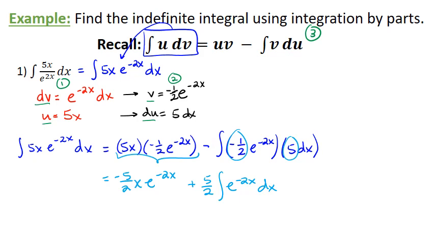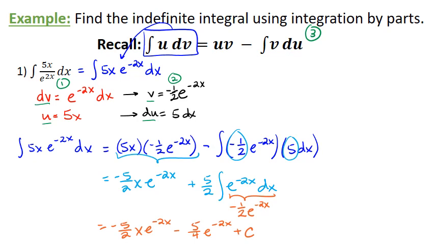When I integrate this, I should know that this is equal to negative 1/2 e to the negative 2x because I've already done that. So I have negative 5/2 x e to the negative 2x plus 5/4, and that should actually be a minus because this is negative. So minus 5/4 e to the negative 2x plus c.